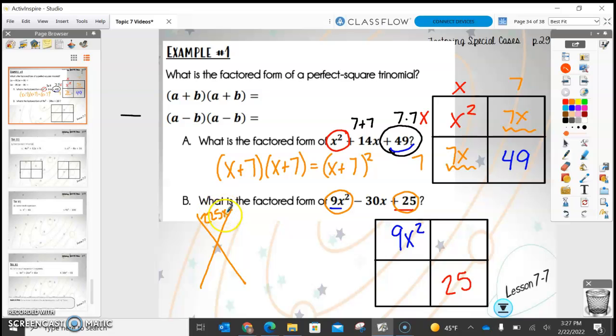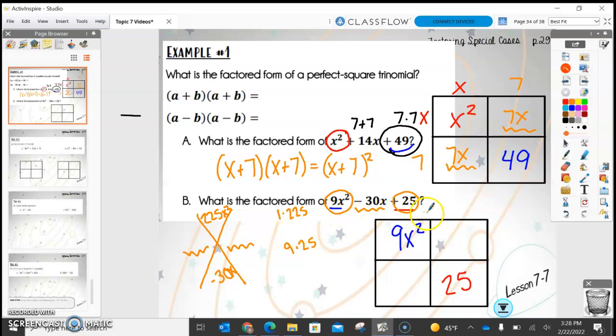Kind of a big number there, but we can still use the same process. And of course, they need to add to negative 30x. So if we think what two numbers would multiply to 225 but add to negative 30, I might be here a while saying, well, that's 1 times 225, or that's 9 times 25. I have a lot of factors to think about.